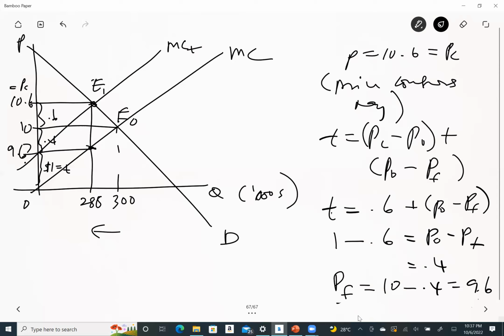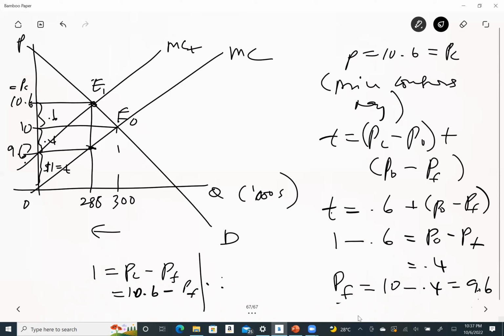Or you can do it on the graph. Or you can do it right away from here. 1 equal to PC minus PF. We know PC, which is 10.6. So 10.6 minus PF. So therefore, PF is equal to 9.6.